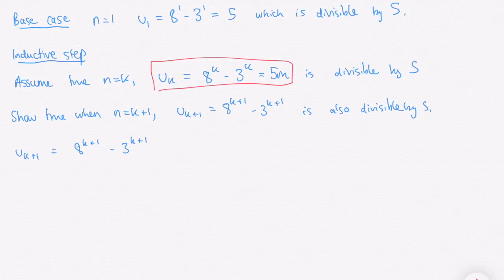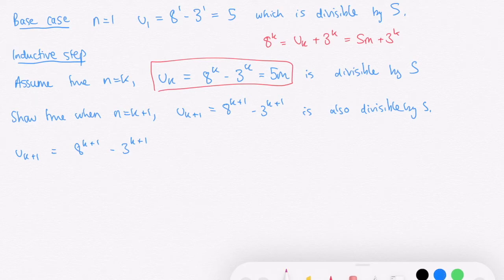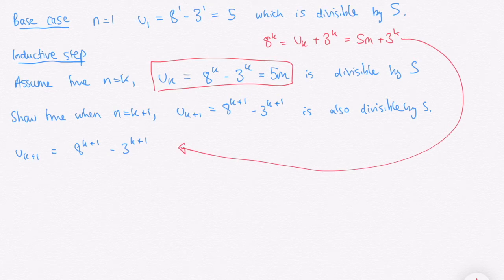So what do we get? We get 8 to the k equals uk plus 3 to the k, or this is equal to 5m plus 3 to the k. And we're going to substitute this somehow into our expression for u to the k plus 1.